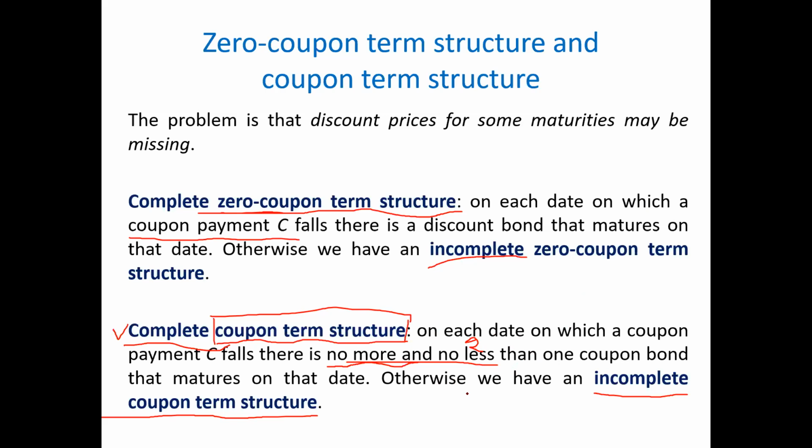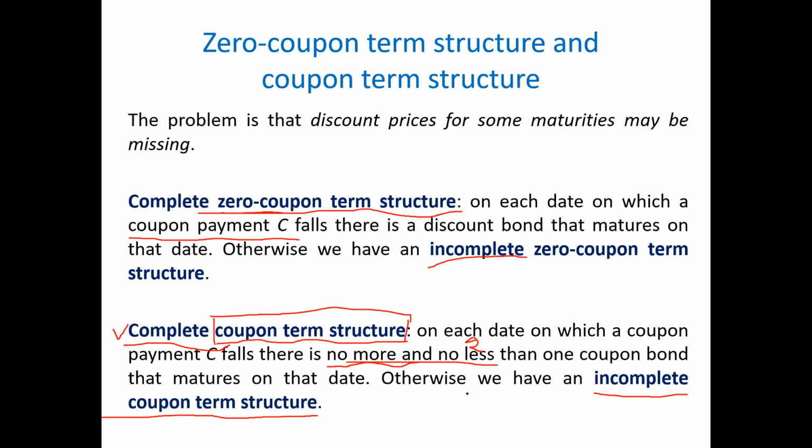You either hedge linearly or non-linearly, and if you have complete coupon term structure, then you will be able to hedge using linear techniques, which is much easier than using non-linear techniques. But that will be discussed, I guess, in the next lecture, not today, not this evening.